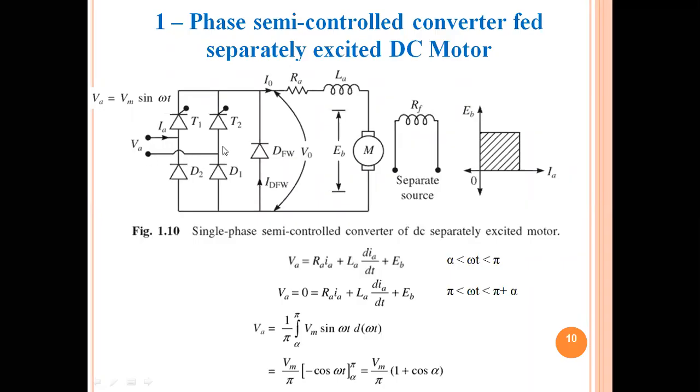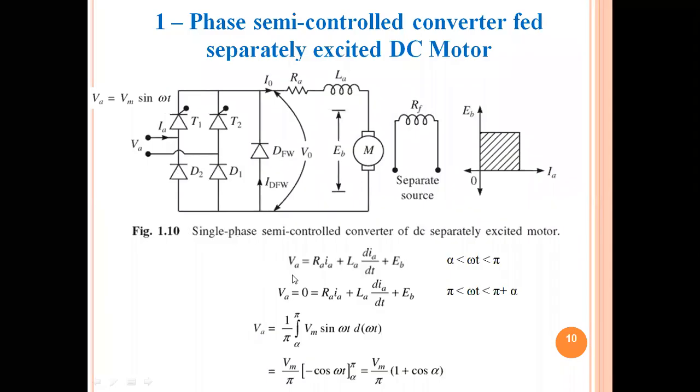Once again, I am repeating, correction: neutral terminal to T2 to RA, LA and motor to diode D2 to phase terminal.